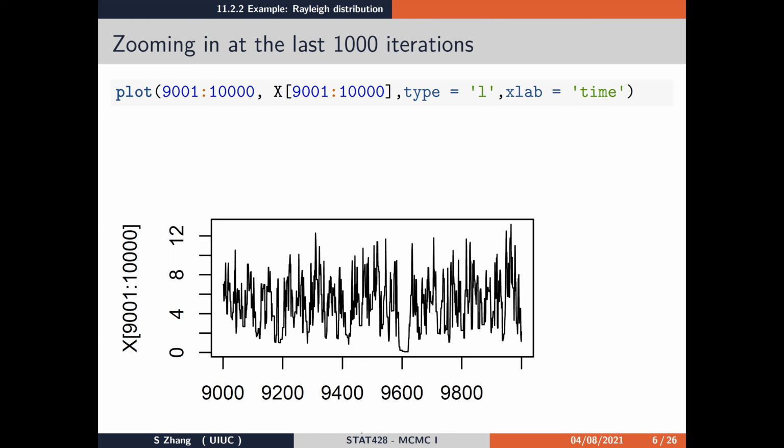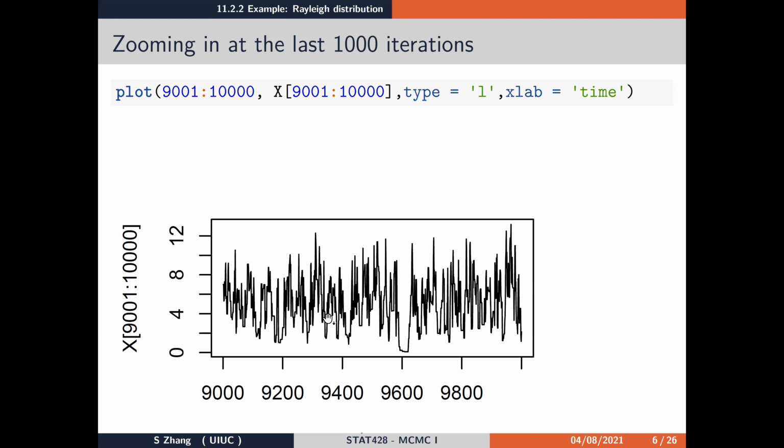The earlier plot might be a little hard to see, so let's zoom in and look at the last 1,000 iterations. This is given by the last 1,000 entries of the x vector. You can see that this is the chain, and the x draws are centered around, I think, something around 6.